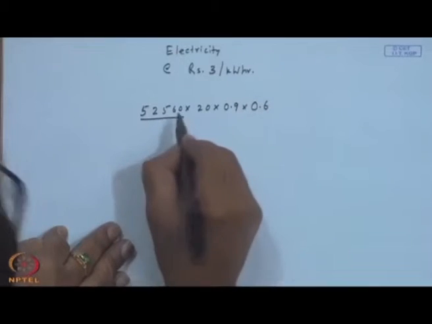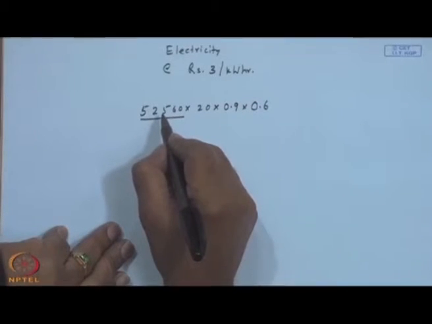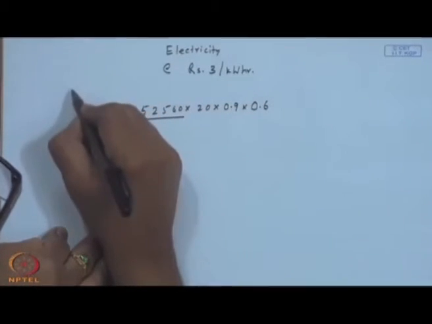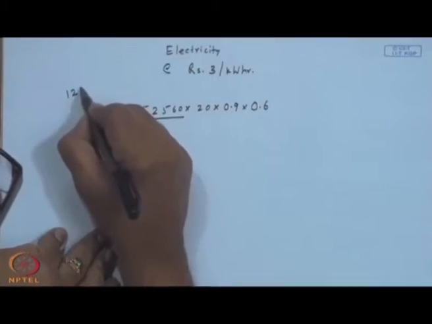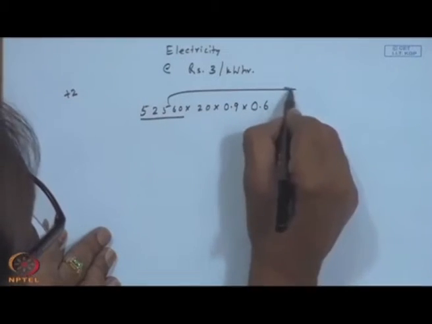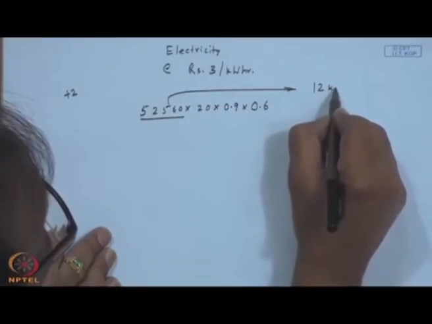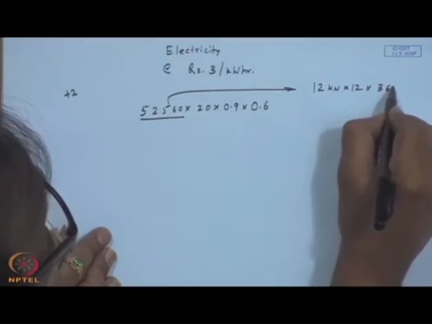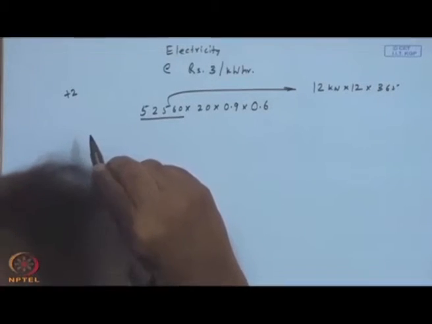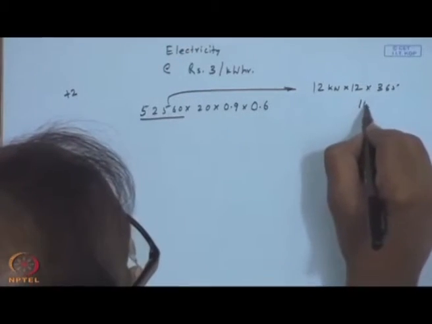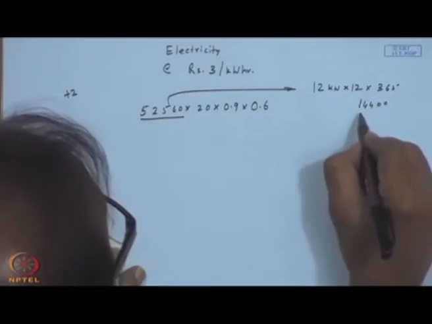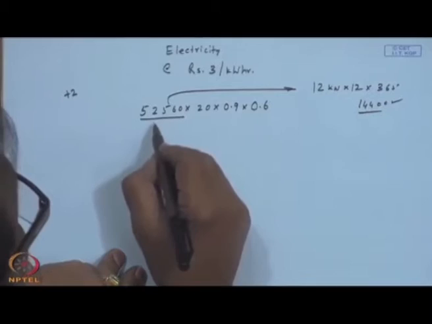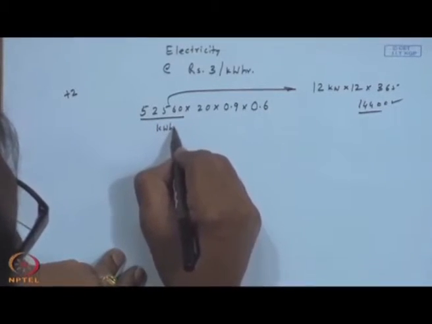Because it is per kilowatt hour, I have calculated it as 12 kilowatts for 12 hours a day multiplied by 365, right. This is 144,00 into 3, this is okay, right. So, this is directly my kilowatt hours of the load.